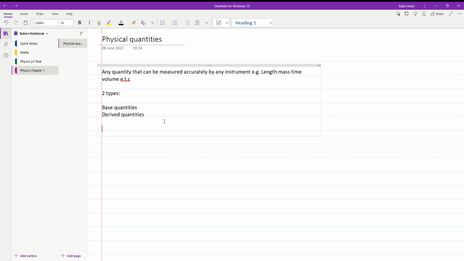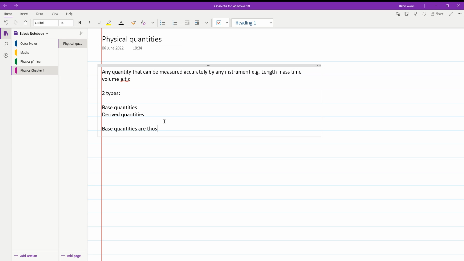By the name base quantities, you can guess what they are. But its actual definition is that base quantities are those quantities that cannot be further split into other quantities.